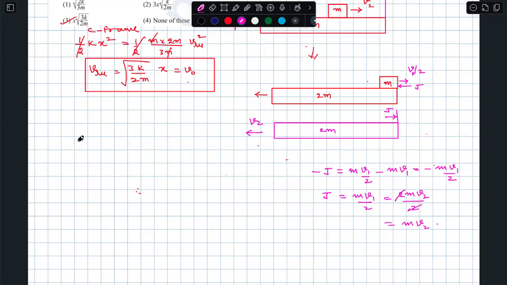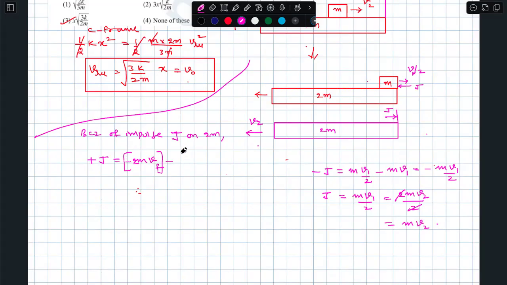So because of impulse J on 2m, plus J, because rightward direction we will always take positive, is 2mv final minus 2mv initial, which is final momentum minus initial momentum.